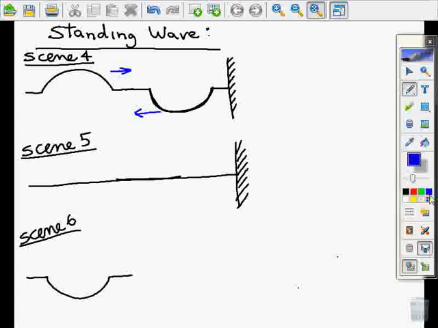So there's that crest here. And then it was going in the middle here, but it got canceled out, and now it's right here. This crest here, going to the right, traveling through the middle here, got canceled out. Where does it reappear? Over here.